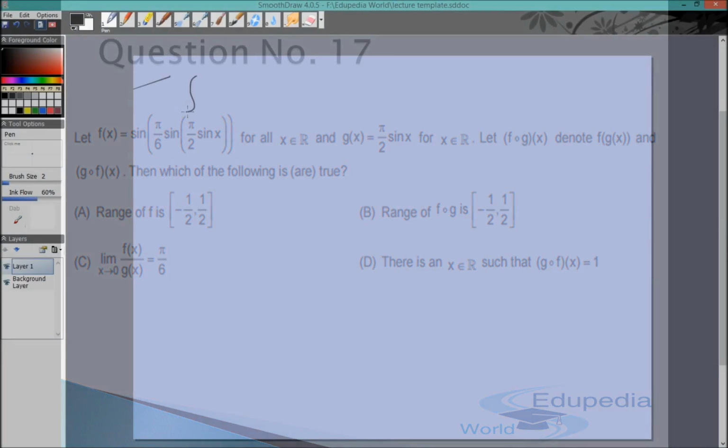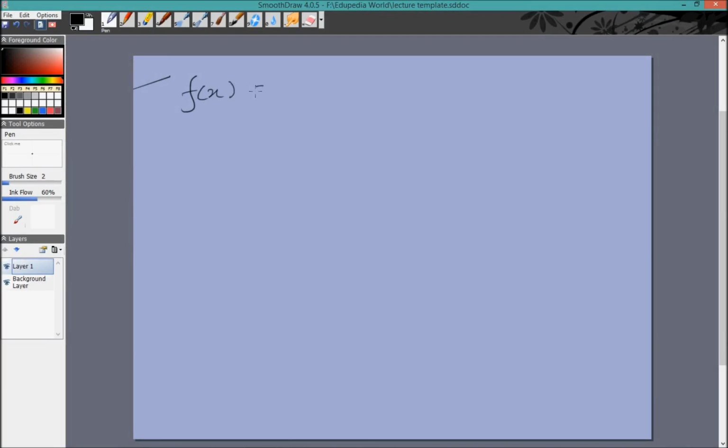We are given f(x) is equal to sine of pi by 6 sine of pi by 2 sine x, and we are given g(x) is equal to pi by 2 sine x. The first option is the range of f.